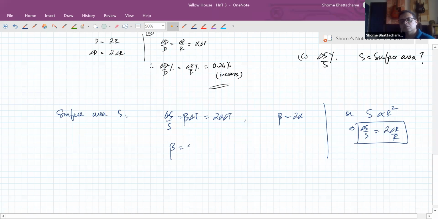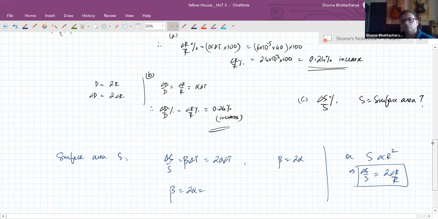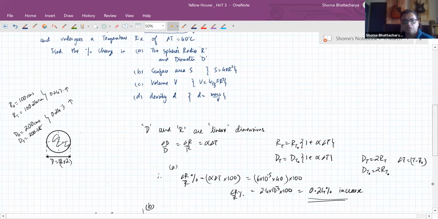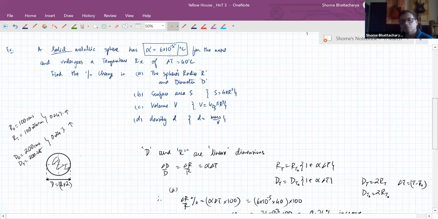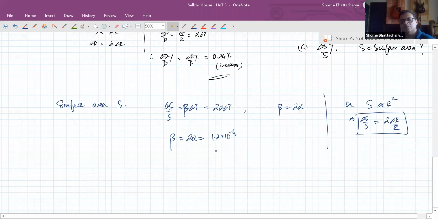So beta is going to be, how much was alpha now? 6, no? So 1.2 into 10 raised to the power minus 4, and delta T was 40 degrees C. So beta delta T will become 4.8 into 10 raised to the power minus 3. So the fractional change is that much.